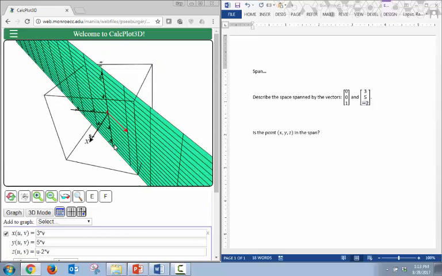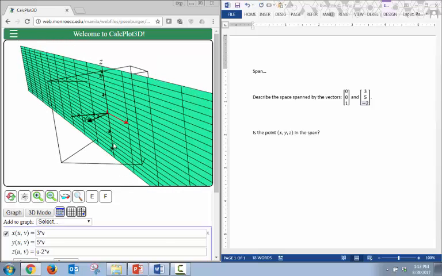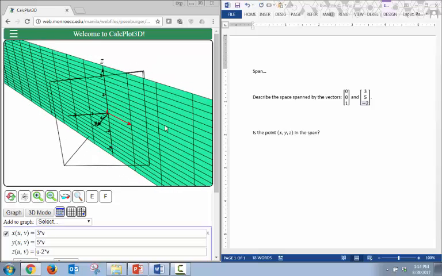So now it's this plane that contains those 2 vectors, and each point on this plane is a linear combination of those 2 vectors that we're looking at.